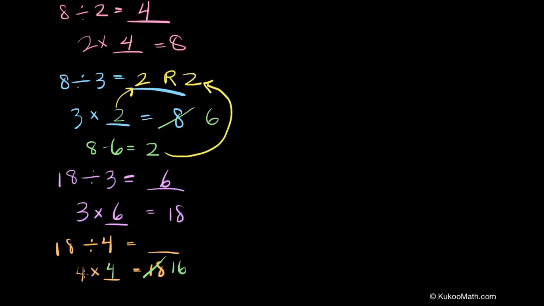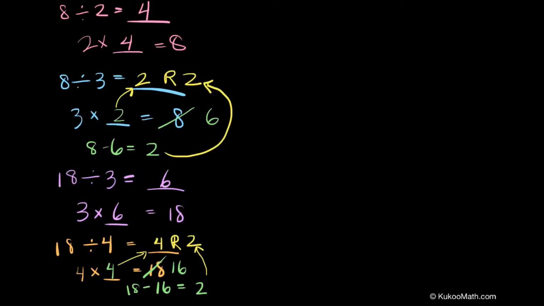Now we have to subtract to find the remainder. So 18 minus 16 is equal to 2. And our answer is going to be 4, remainder 2.